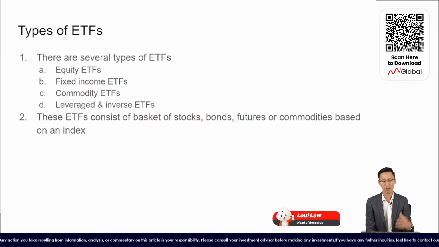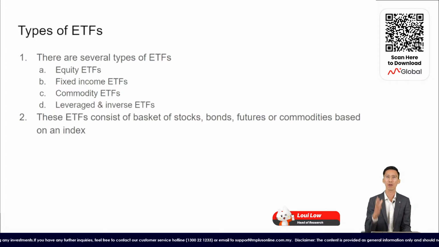And the last one will be leverage and inverse ETFs. When I say leverage, it means that the moment you buy into these leverage ETFs, you are already expecting either 2 times or 3 times more in terms of your rewards.